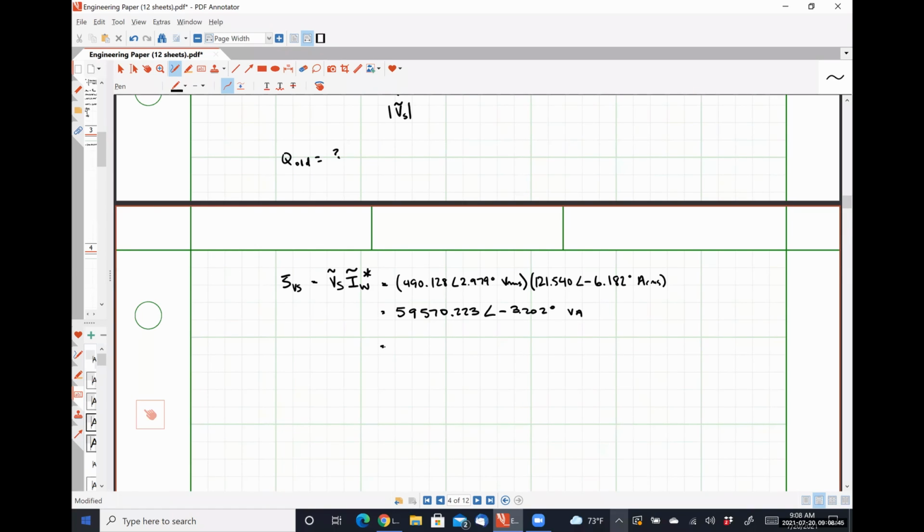And in rectangular form, that looks like... crap.